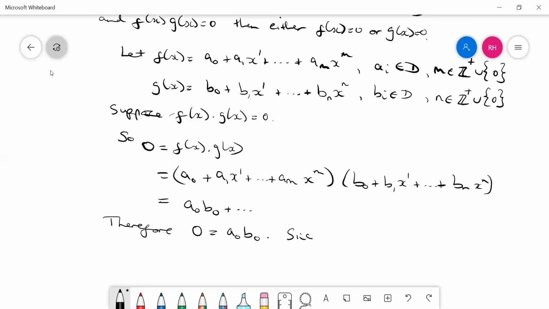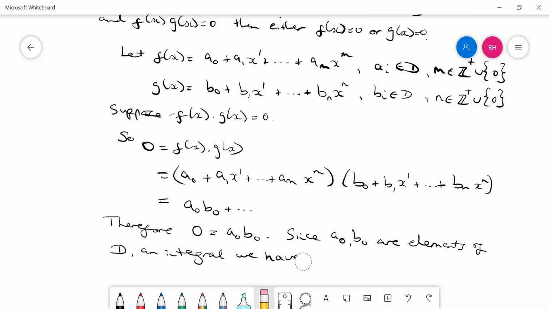Now, since a0 and b0 are elements of D, an integral domain, well, because it's an integral domain D, it has no zero divisors, to be precise.